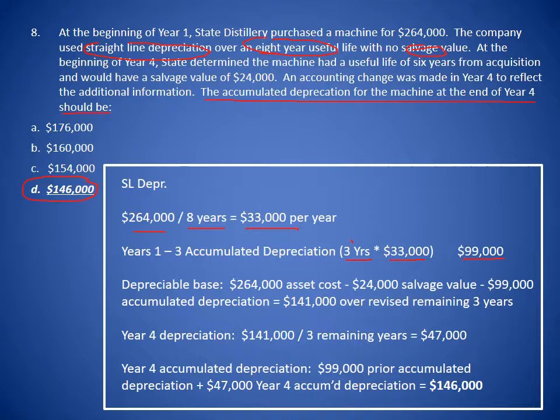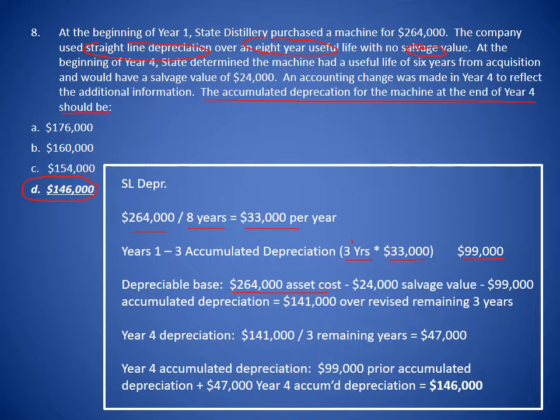$99,000. Now we find that we're going to have to change the useful life, and also we're going to have to account for a salvage value. Now we take the depreciable base of the asset of $264,000.